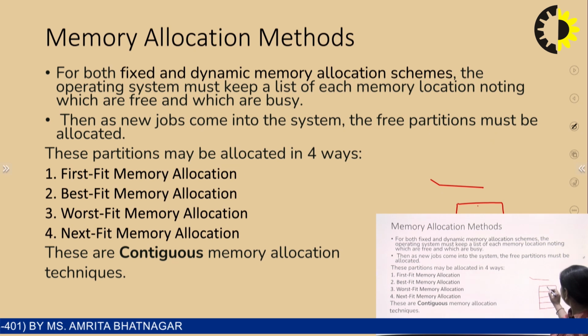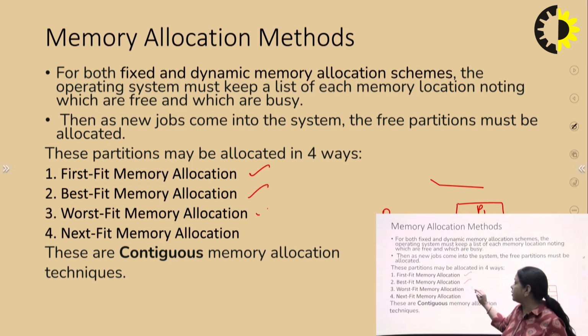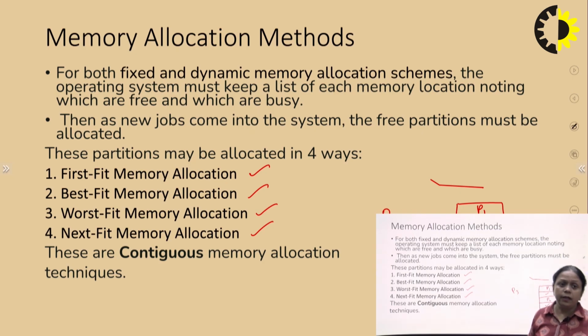P1 is allocated here, P2 is allocated here, and these are the holes of the main memory. So, when a process P3 comes, how can we choose a particular hole to insert P3? We have 4 algorithms for memory allocation for P3.